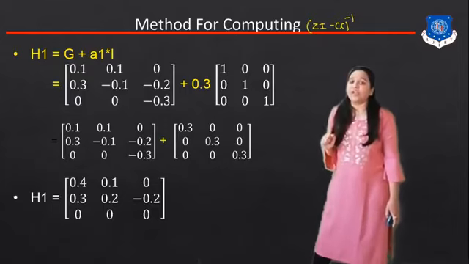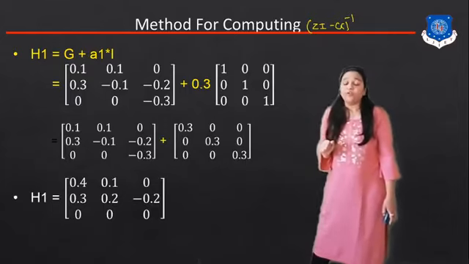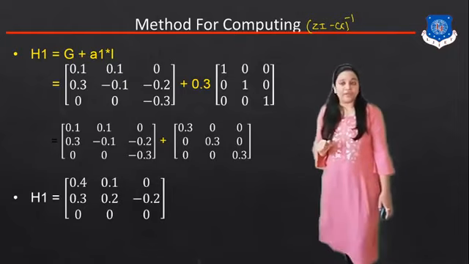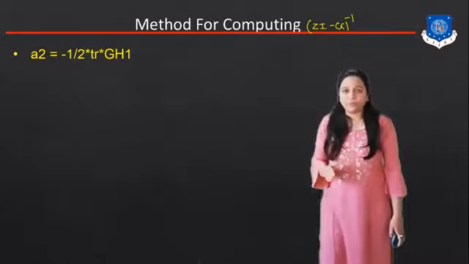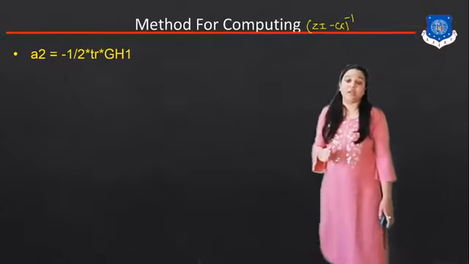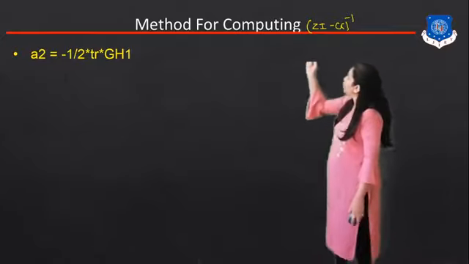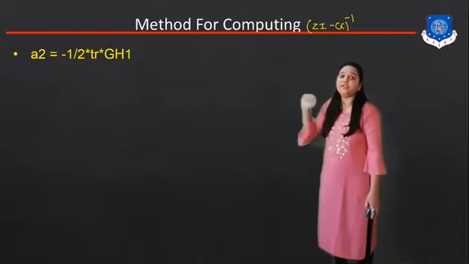Okay, now next we have to find the value of A2. What is the equation of A2? A2 is equal to minus 1 by 2 trace GH1. So first of all we put the value of G and H1 in this equation.